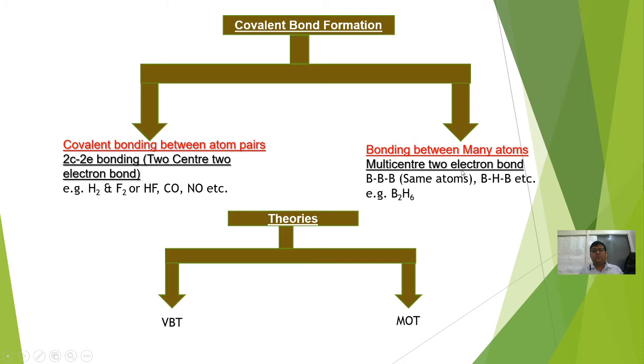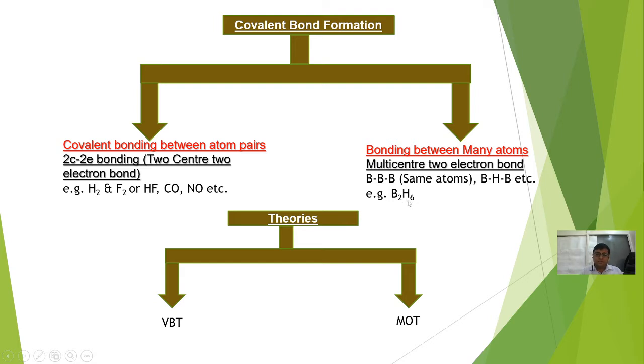The second type of covalent bond formation is multi-center two-electron bonding. Multi-center means more than two centers, meaning more than two nuclei of more atoms can form a bond. Here we can take the example of a boron molecule, diborane, for example B2H6.